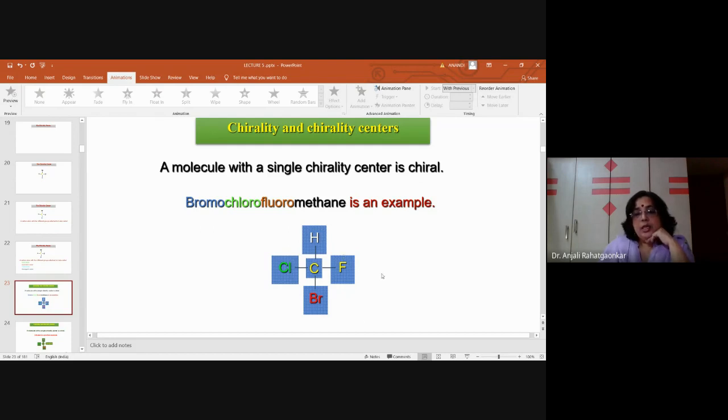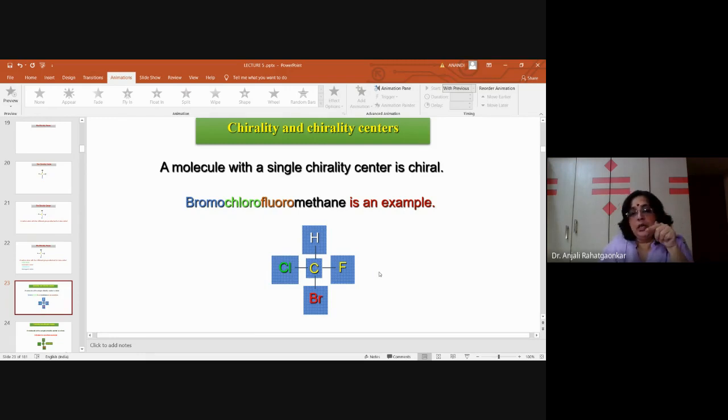Just by looking at the molecule, it looks like a symmetric molecule, but you can perform the operation: you can draw a mirror image and try to superimpose the two mirror images, and then you find out that it is an asymmetric molecule, and you can get the enantiomers.